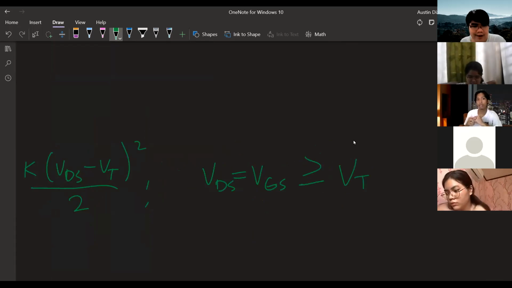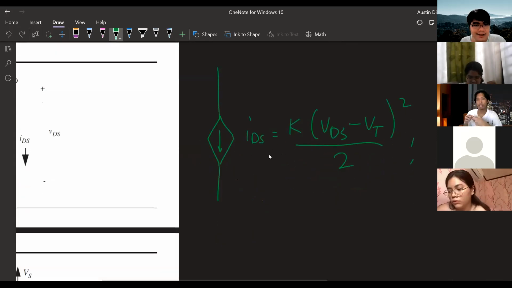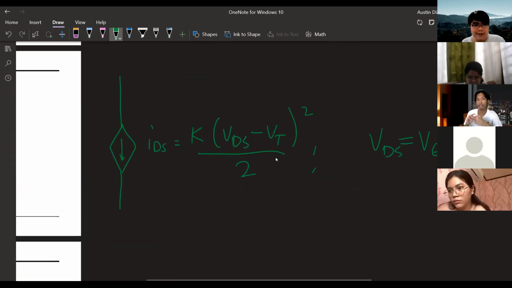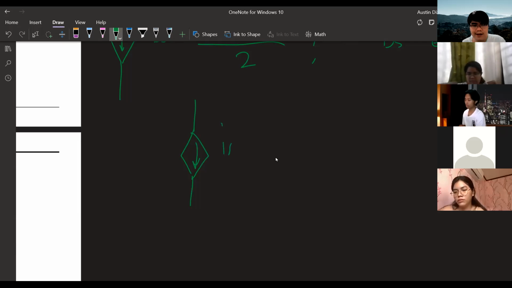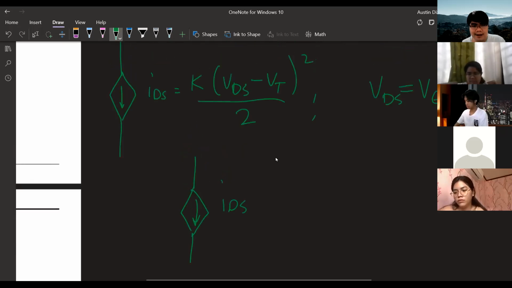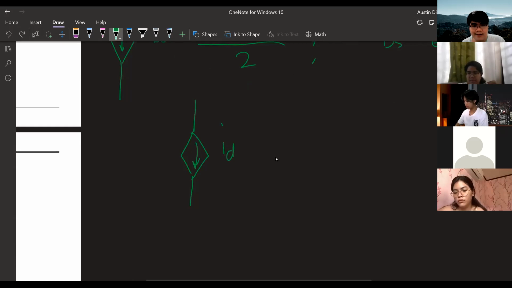Okay, from this, kung small signal yung titignan mo, you can replace it with something like this. Magiging IDS na siya. Palitan natin kasi small signal tayo.